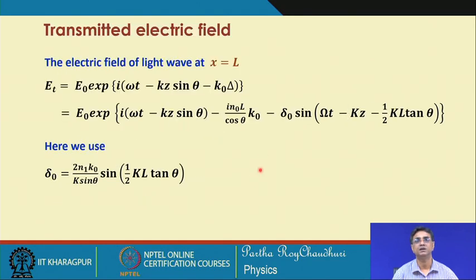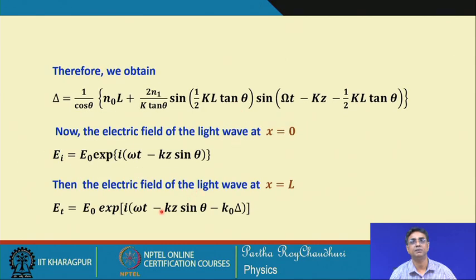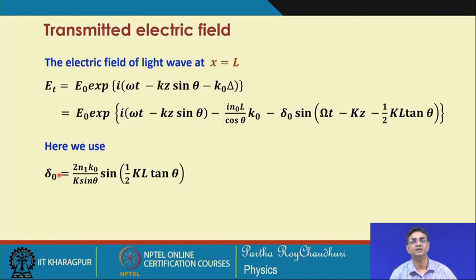So we get this equation, and we have written delta 0 in place of this. Therefore delta 0 equal to this quantity, because I just simply put the value of delta n into k0 and then sin theta.